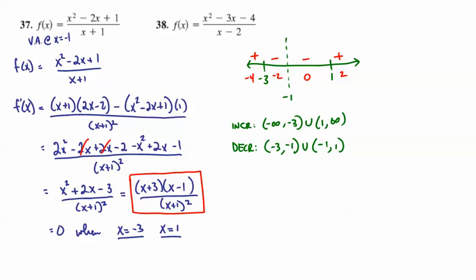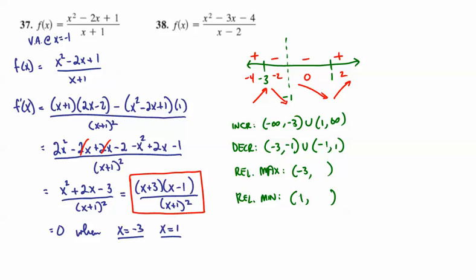We go up and then down, down, and then up, and it appears we have a relative max at x equals -3. We'll come back and get the y-coordinate, and a relative min when x is positive 1. We'll come back and get the y-coordinate.